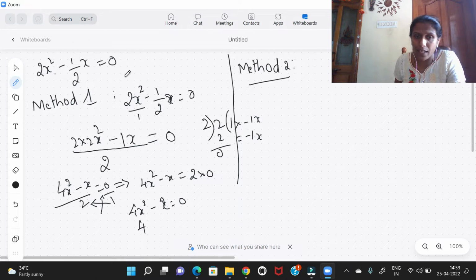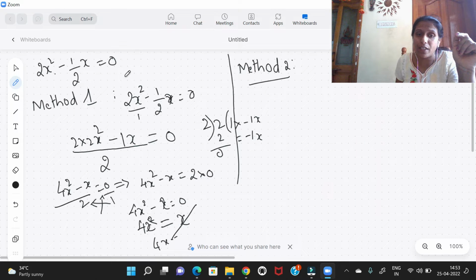One is that you can take x out here itself, or you say 4x square is equal to x, right? 1x, and out of x square, 1x gone. So 4x is equal to, how much are we left with? 4x is equal to 1, or x is equal to 1 by 4.